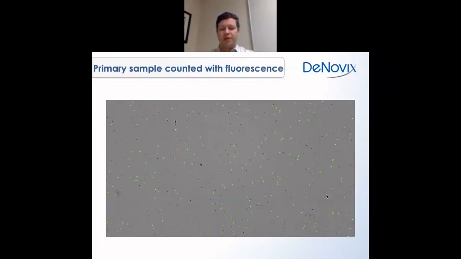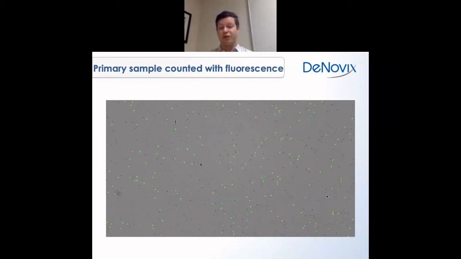So here's an example of a primary cell sample that we counted in our lab. I believe this is PBMCs, so peripheral blood mononuclear cells that were isolated from mouse whole blood. And you can see a bunch of green cells glowing very nicely, very clear that those are live cells.